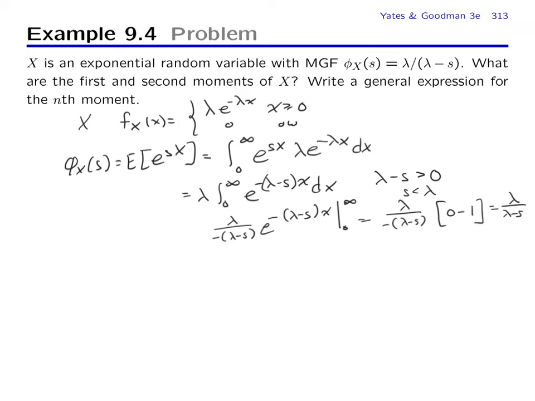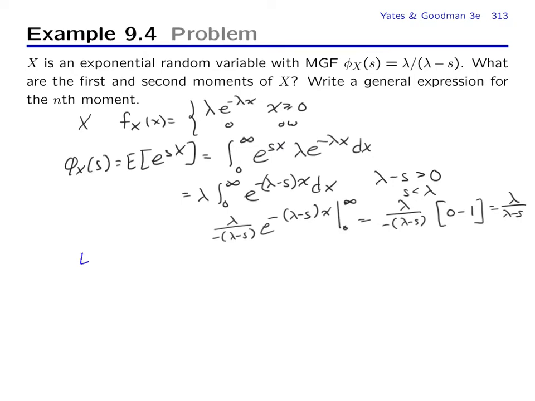So now we can do the real work of this problem, which is to find the first and second moments of the exponential. To do this, we could, for instance, find the moments by doing the integral.